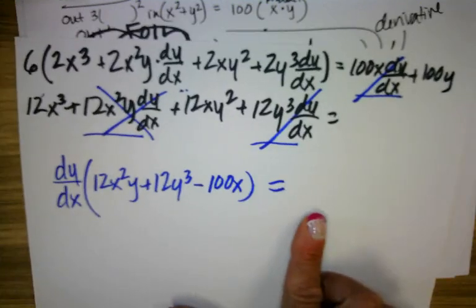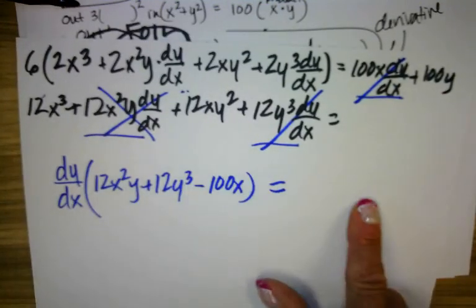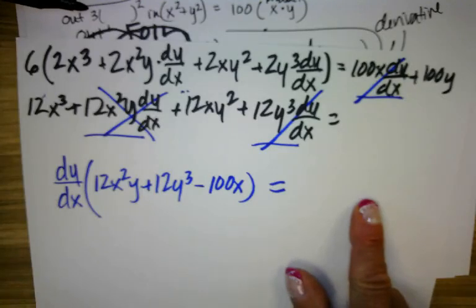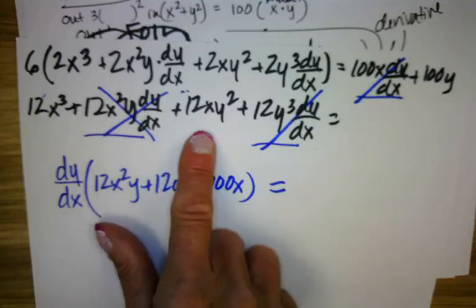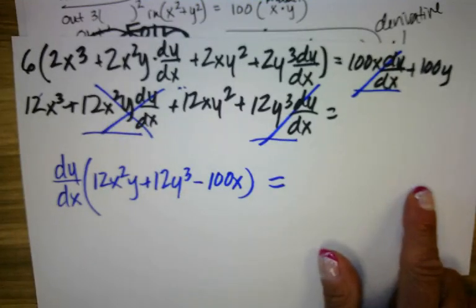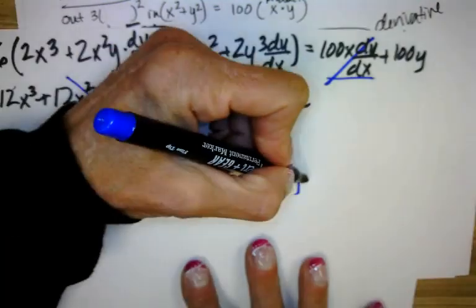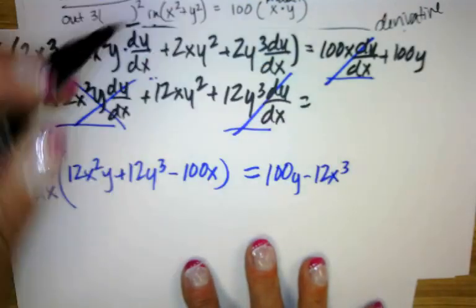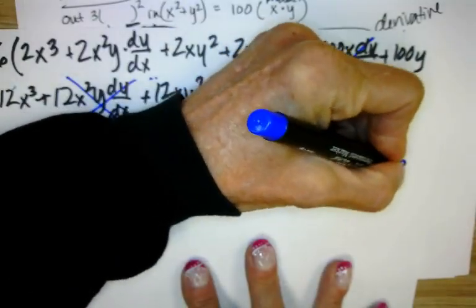As long as you have 100y and then subtract this and subtract this on the other side, you're good. I would write it as 100y and then minus, and then minus. Are you with me?